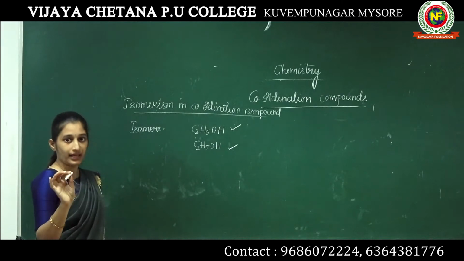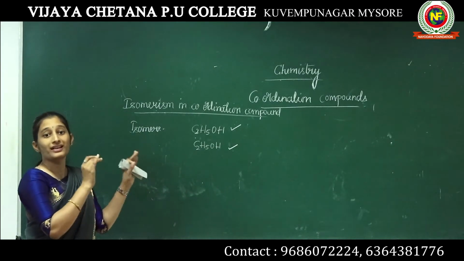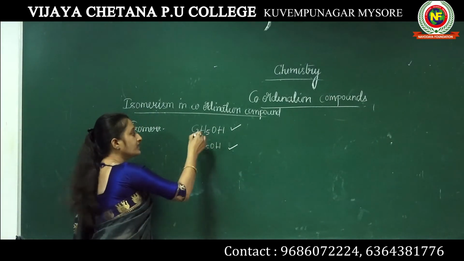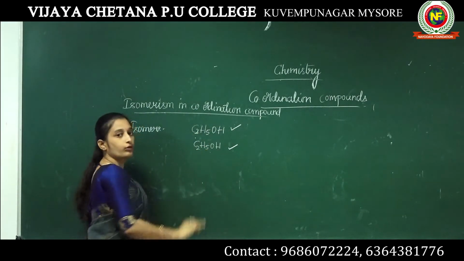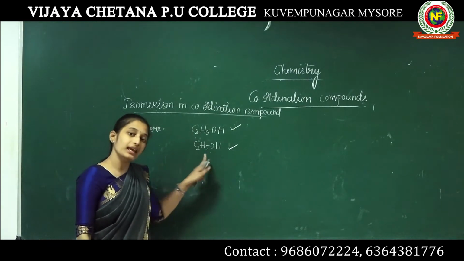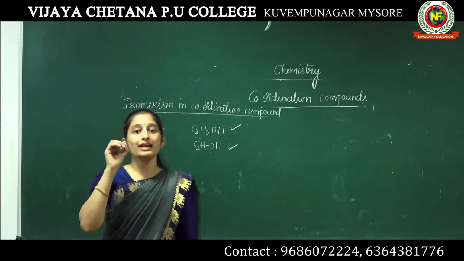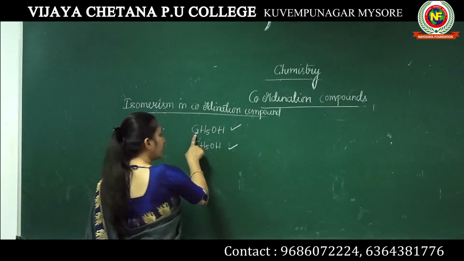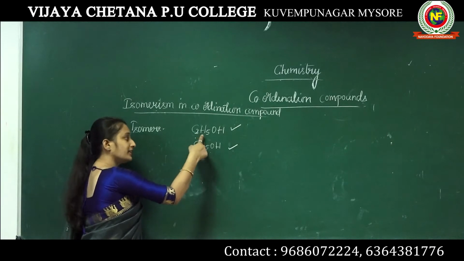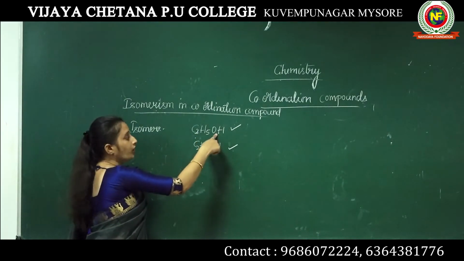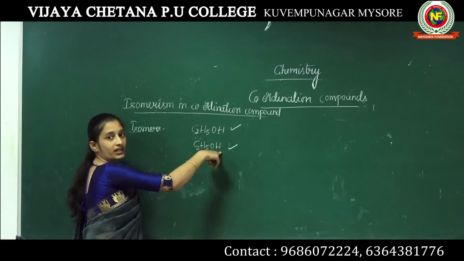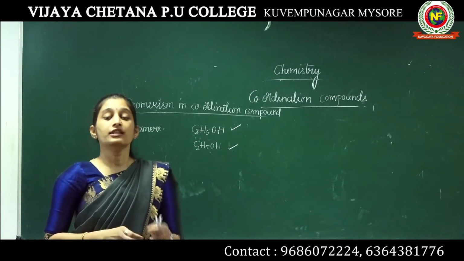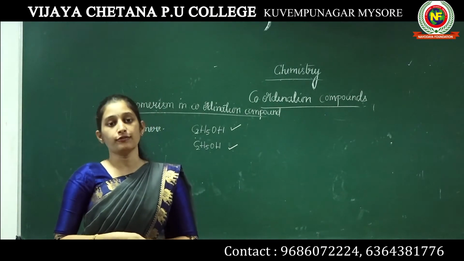I am just giving an example in order to understand the concept. They look the same. Same means same molecular formula. Here also 2 carbon atoms, here also 2 carbon. 5 hydrogen, 5 hydrogen. 1 oxygen, 1 oxygen. Same molecular formula but different spatial arrangements of atoms.